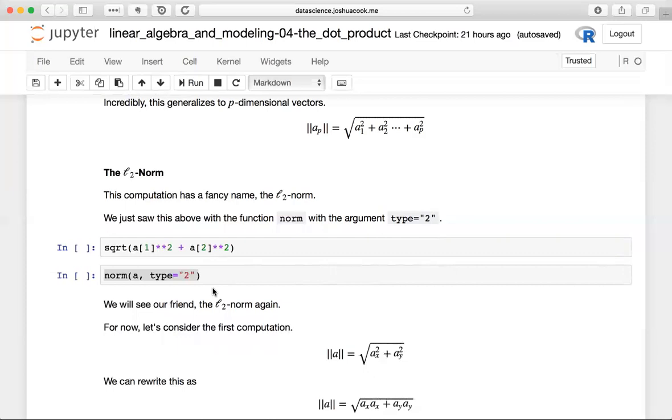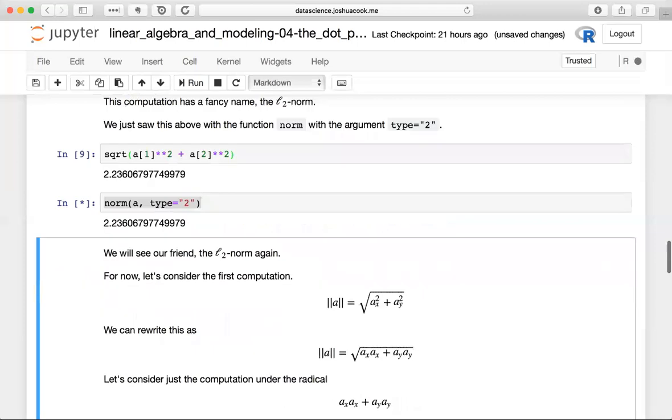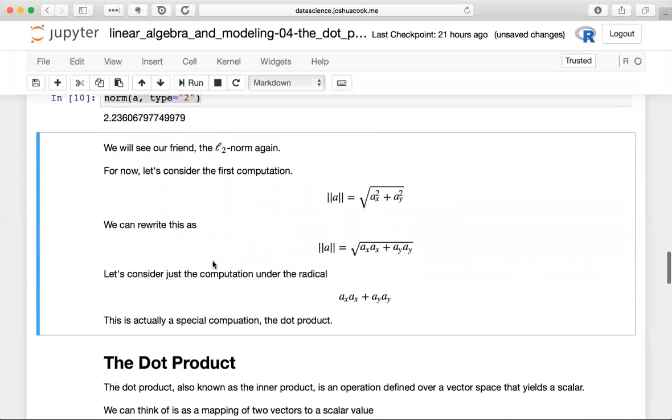And as before, we're calculating it by using the norm function with an argument of type equals 2. And just to see that they're the same thing, we can take the square root here of the components squared, and we get the same value as if we did this norm function. So these are equivalent. This is how a norm of type 2 is calculated.